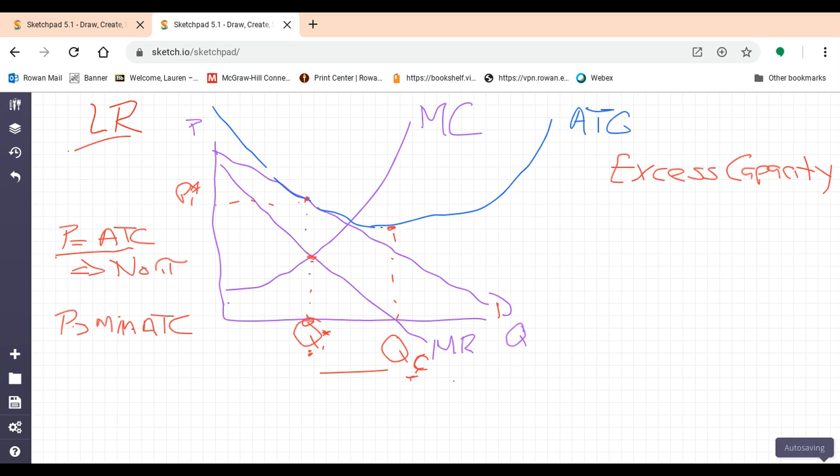So we would figure out this excess capacity by QC minus Q1, and it's going to give us a positive quantity because QC is a larger quantity. And this is just a measurement of this inefficiency. We're producing less output than a purely competitive market would produce.